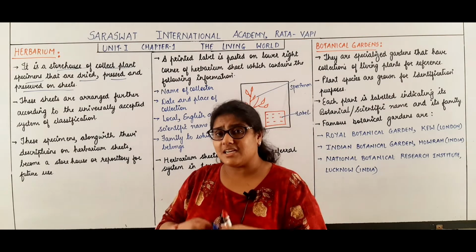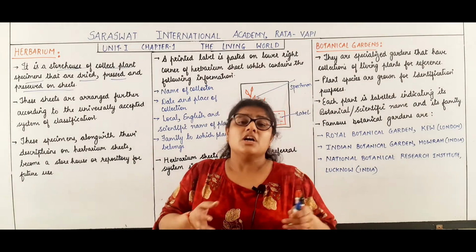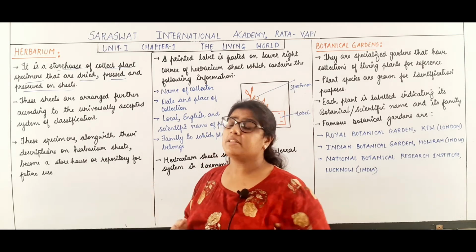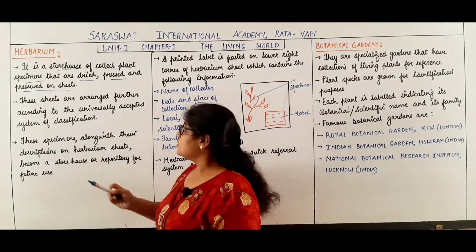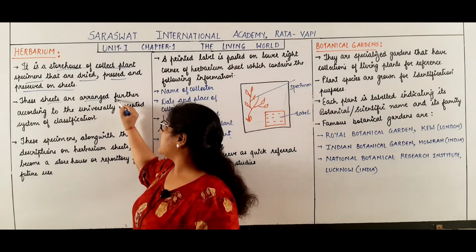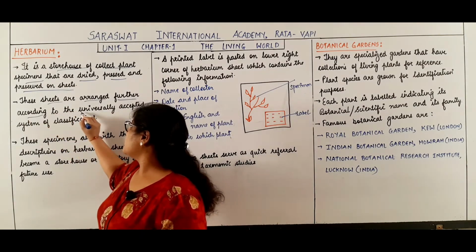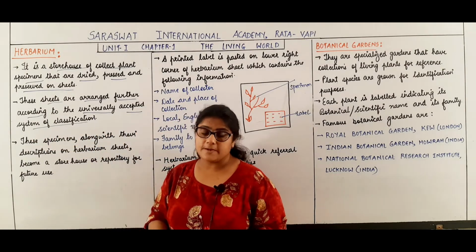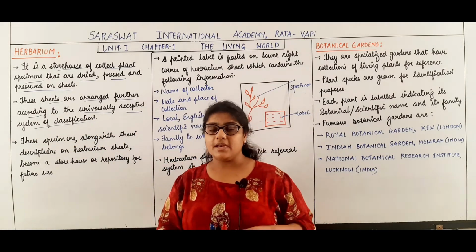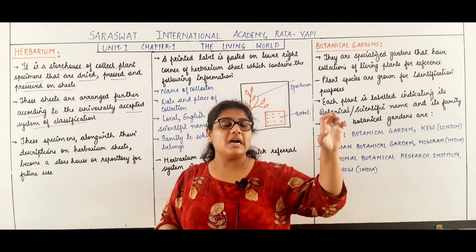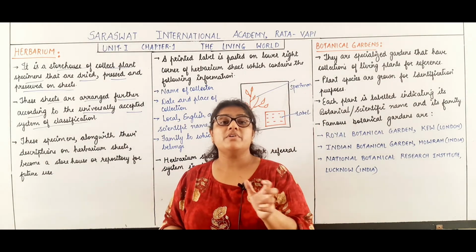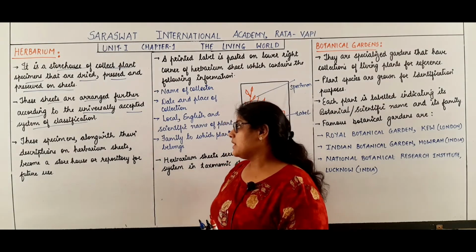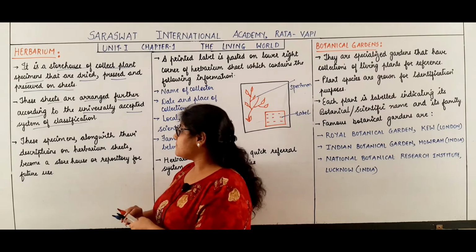whatever sheets are developed are arranged according to some universally accepted method of classification. Once the sheet is prepared, it will be arranged according to the universally accepted system of classification. Now students, these specimens come along with a description on the herbarium sheets.